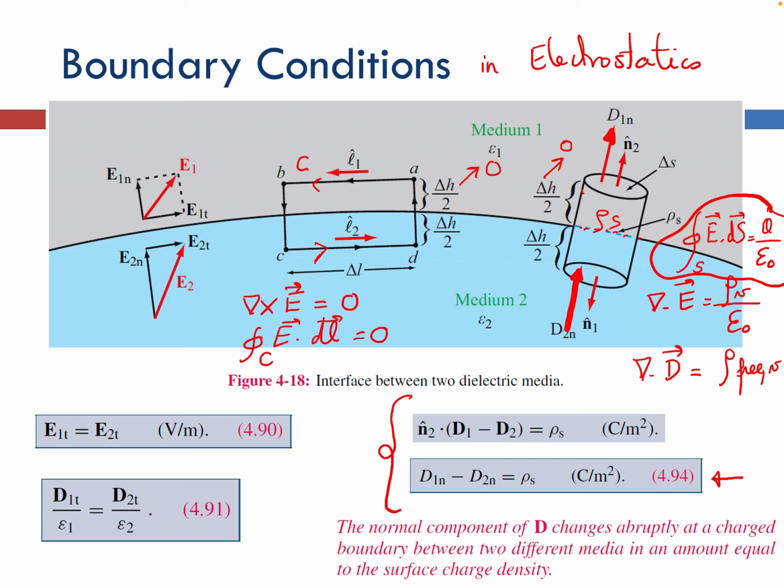And because it's always zero, it means that this integral has to be always the same, and the length is the same, so that tells us that the tangential component of electric field is always continuous.